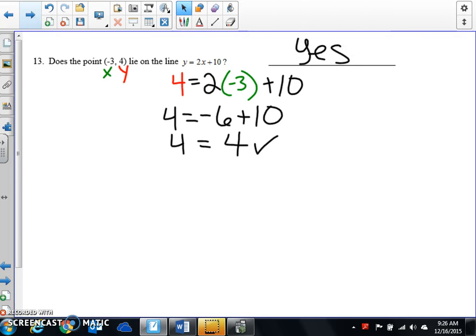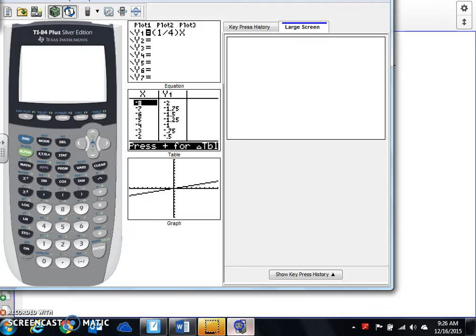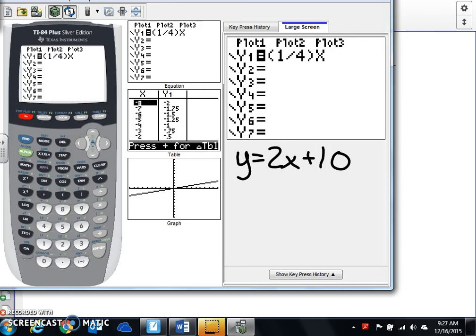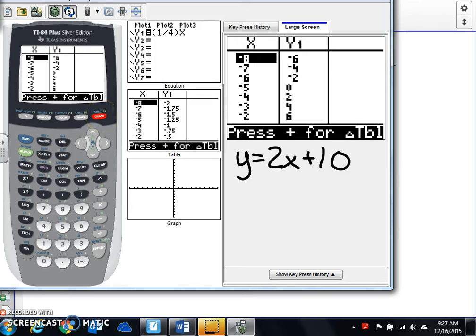Another way, you can grab your calculator. It's y equals 2x plus 10. So I can put it into the y equals button. Go to y equals, clear out everything in there. 2x plus 10. And then now I can look at my table by going to second graph.